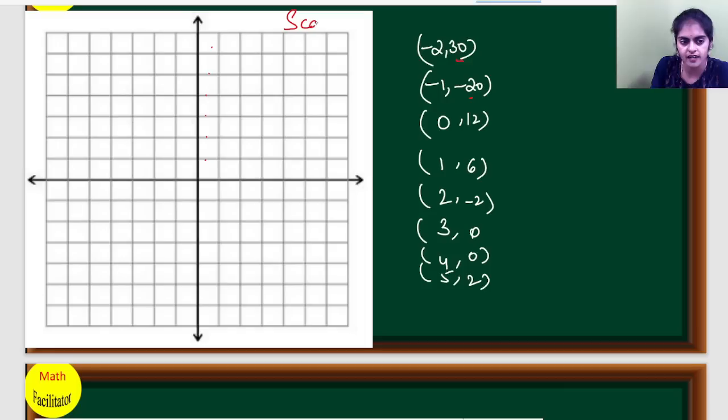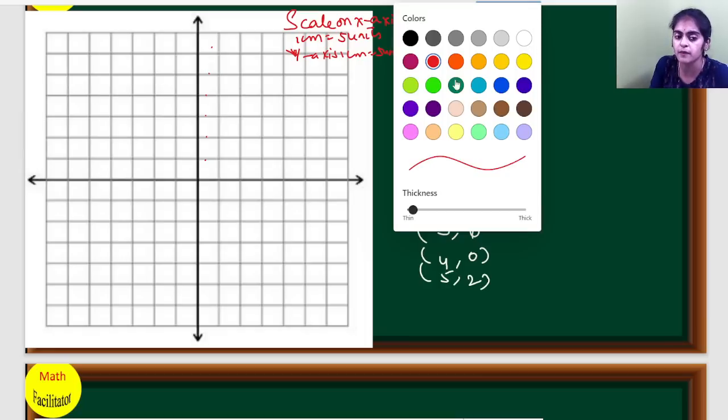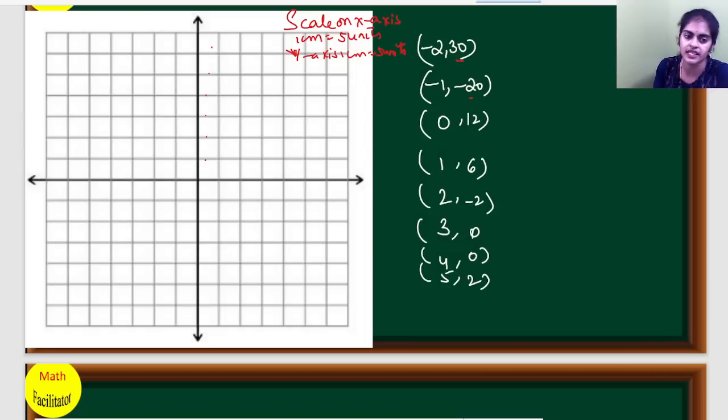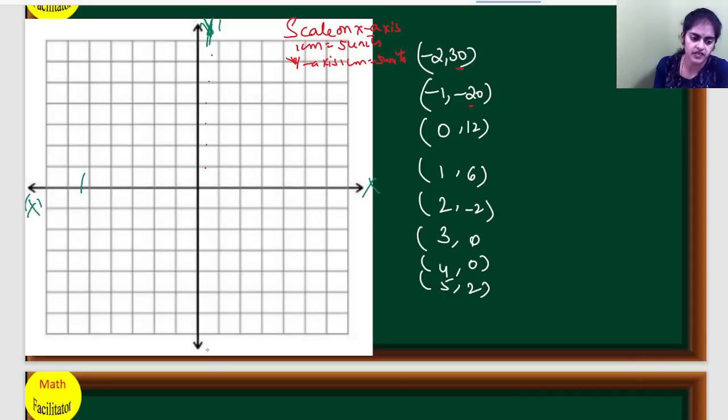So let me take the scale on the x axis: 1 centimeter equal to 5 units, and also on the y axis, 1 centimeter is 5 units. Okay, because my graph is very small, but in your graph paper it will have sufficient size, so you can take 1 centimeter equal to 2 units also. Now this is x, x dash, and y, y dash.